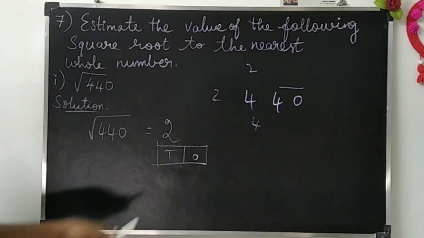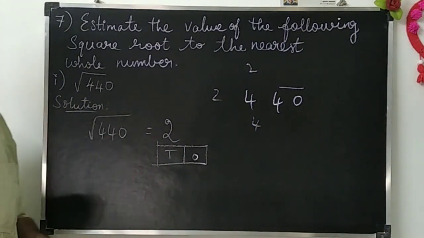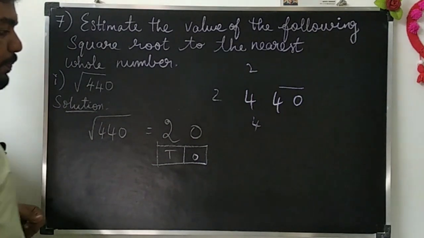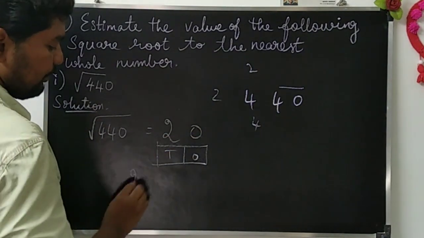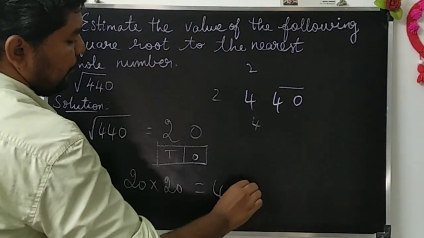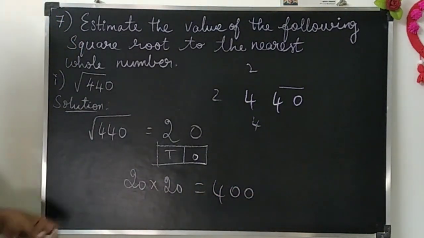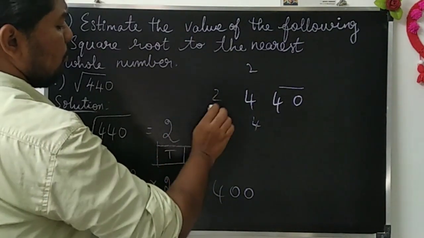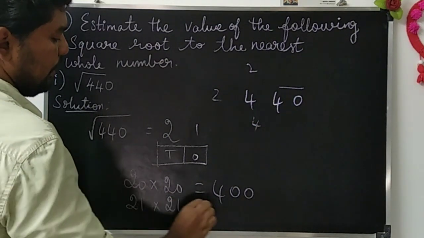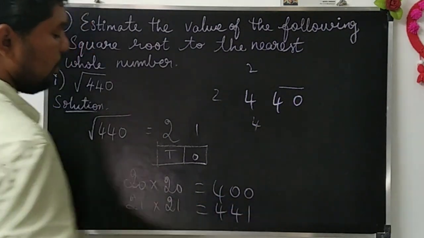Next step, we want to find the value of the ones digit. If you write 0, 20 into 20, the result is 400. But the given number is 440. If you write 21, 21 into 21 is 441.